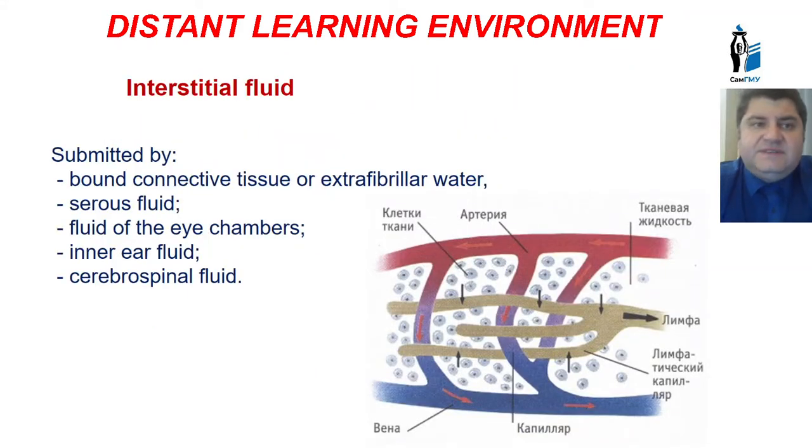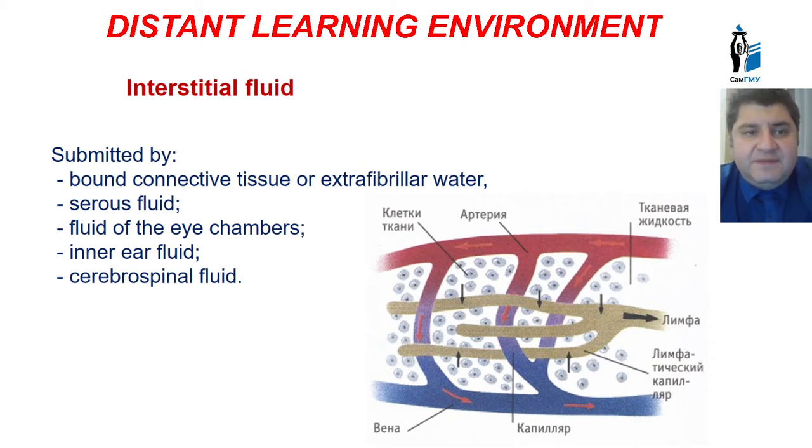So let's talk about interstitial fluid. It is represented by bound connective tissue or extrafibrillar water, and serous fluid in cavities: the abdominal cavity, the pleural cavity and the pericardial cavity.